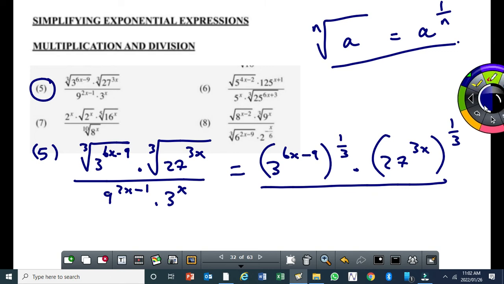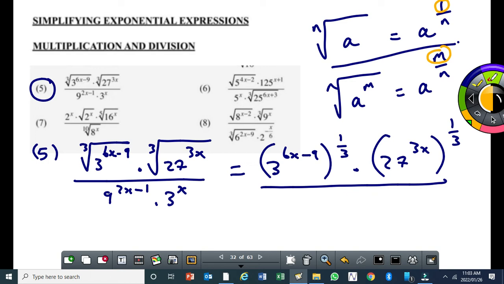Don't confuse the one where the rational exponent has a numerator which is not 1, which is more than 1. You can write the nth root of a to the power of m as a to the power of m over n. So it's two completely different things. They are different because here our numerator for the rational exponent is not a 1, but here it's a 1. That's the difference. But everything else is the same.